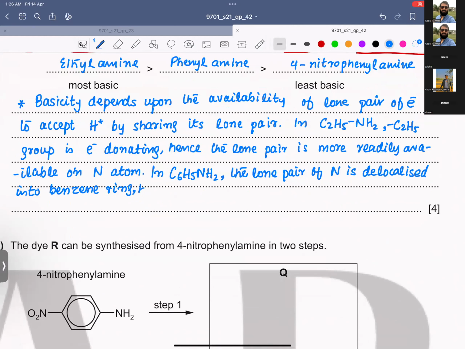Hence, its availability to accept H positive ion decreases, making it a weaker base.